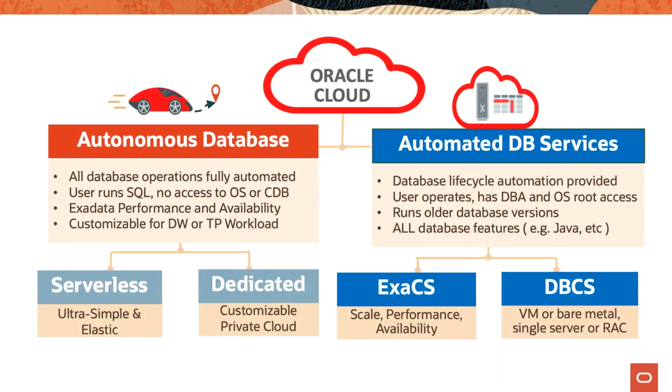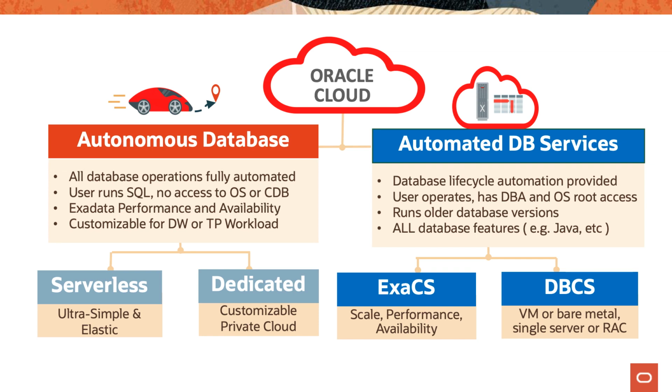This slide shows you the two kinds of offerings that Oracle Cloud Infrastructure has for Oracle database customers. One is the traditional automated database services model, wherein customers get to manage their Oracle database, but Oracle incorporates database lifecycle automation into the services.